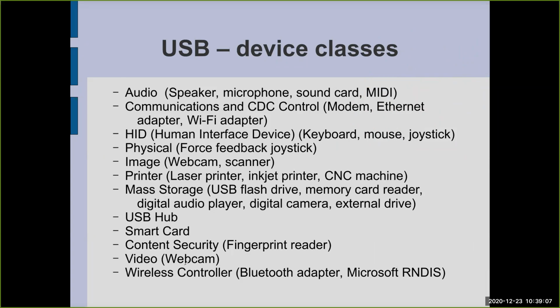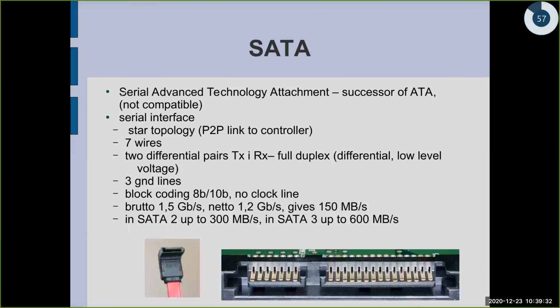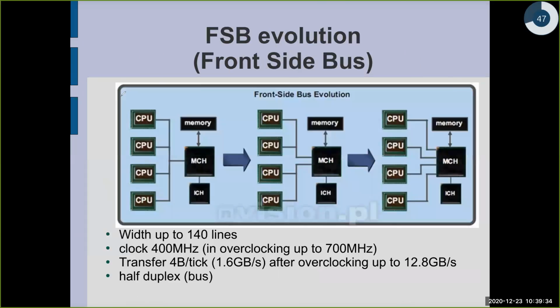Yeah? So it doesn't matter what the device is, it has to be recognized as one of these. Why? Because depending on the device type, there is a different polling policy for this device. So I told you about polling here.